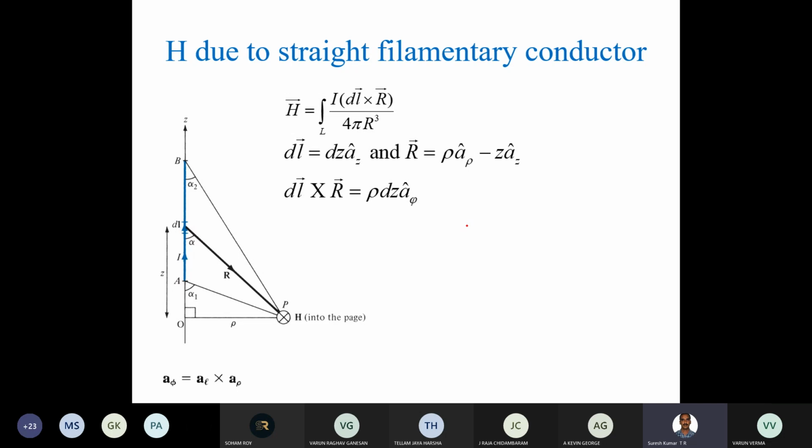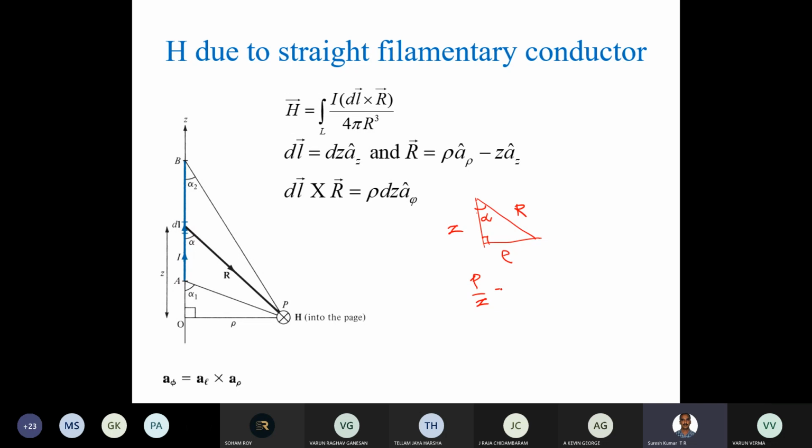So this is z, this is rho, this is r, and this is alpha, with 90 degrees here.